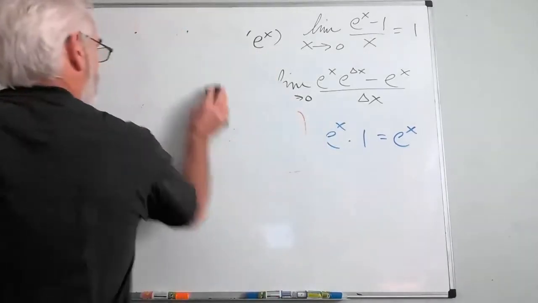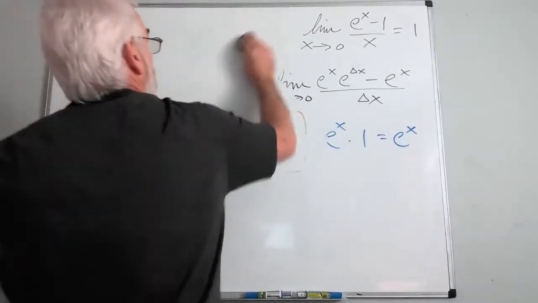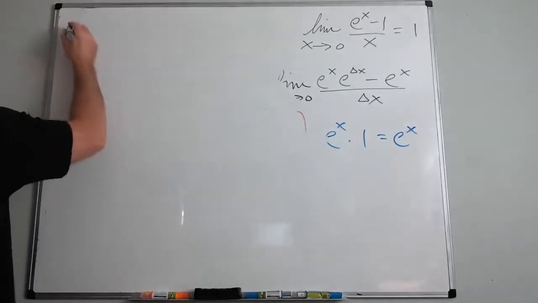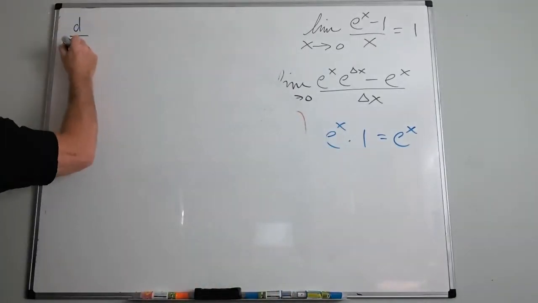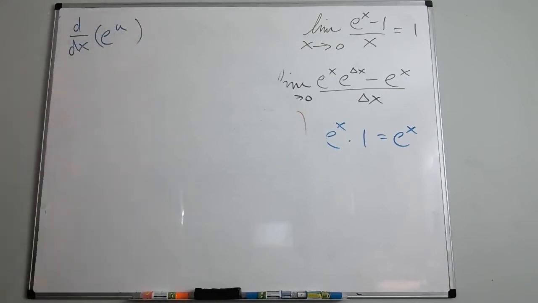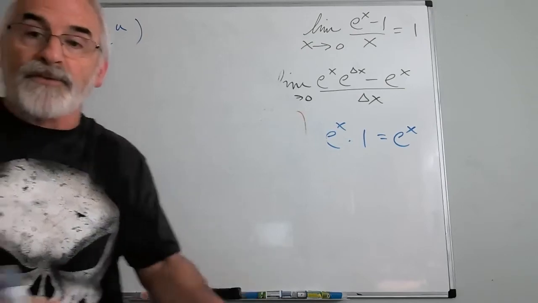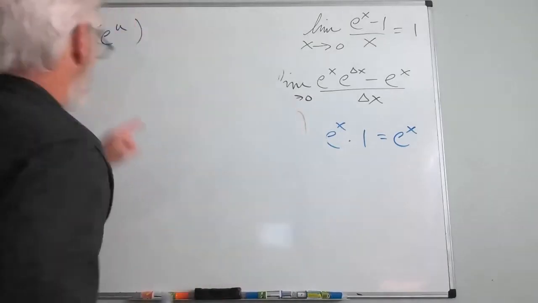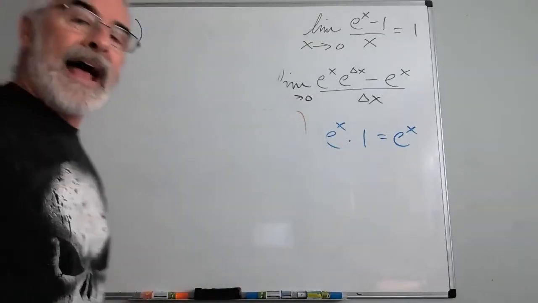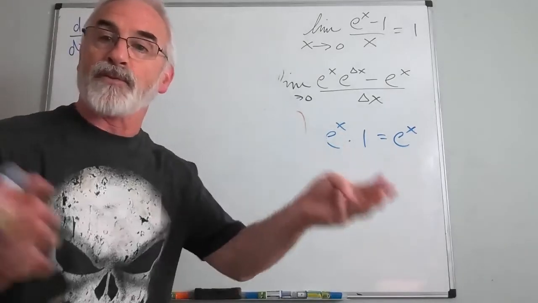So let's mess around with this a little bit. So the very first thing we do is, what's the derivative then of e to a function of x? And remember the notation we use. It is implied that u is u of x. That's why we use the u notation. There's only one variable, x, so this would be a function of x. How do you differentiate e raised to a power?